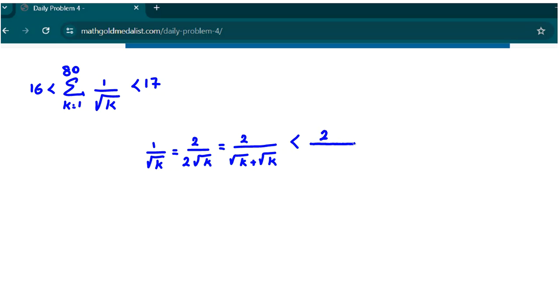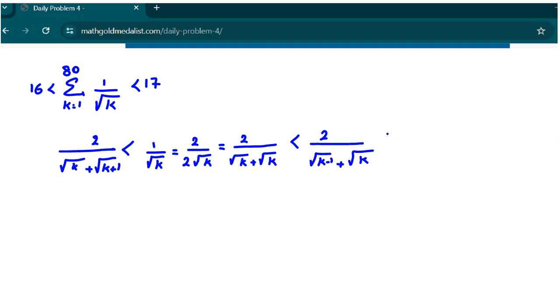We can say 2 over root what plus root what, and here it's greater than 2 over root what plus root what. Okay, if we decrease the denominator, because they are positive k's, at least one, the fraction will be increased. So let's decrease here to k minus 1 and k. For this one, it will be k and k plus 1. Okay.